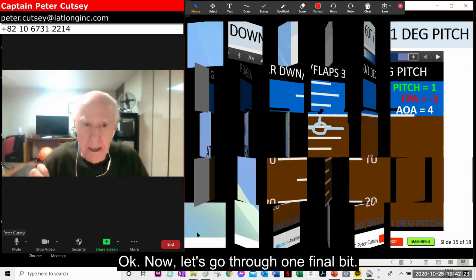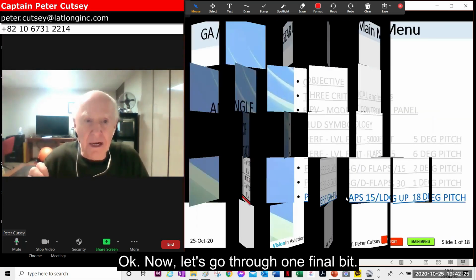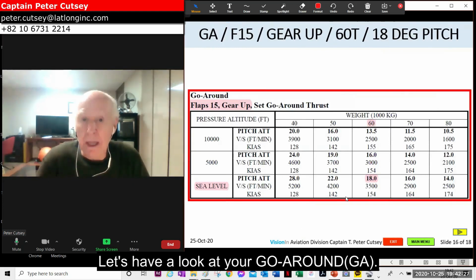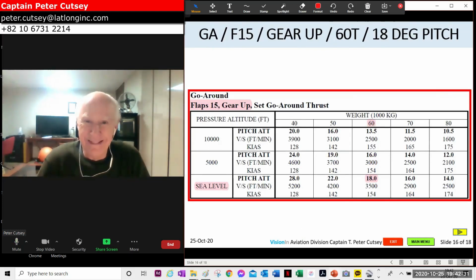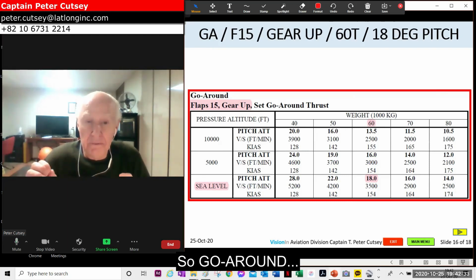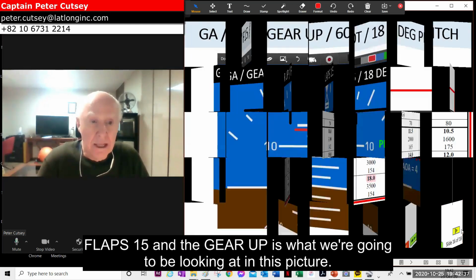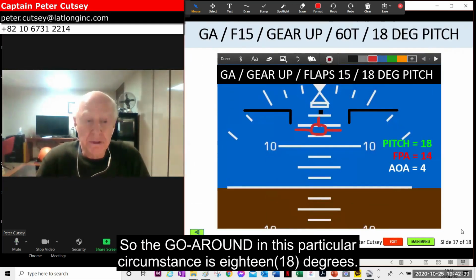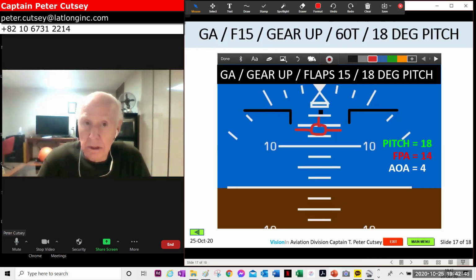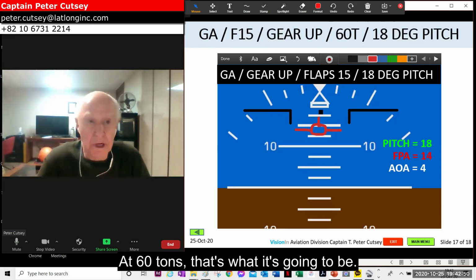Okay. Now let's go through one final bit. Let's have a look at your go around. So go around, flaps 15, and the gear up is what we're going to be looking at in this picture. So the go around in this particular circumstance is 18 degrees at 60 tons, that's what it's going to be.